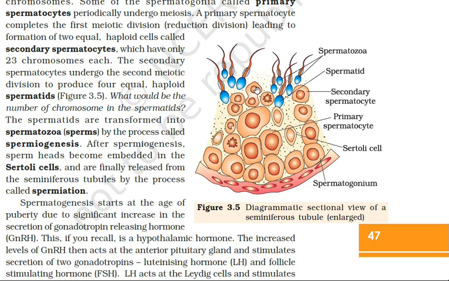Under the control of FSH and testosterone, Sertoli cells secrete an androgen binding protein, ABP, and concentrate testosterone in the seminiferous tubule. Both testosterone and inhibin exert negative feedback inhibition on the secretion of LH and FSH.